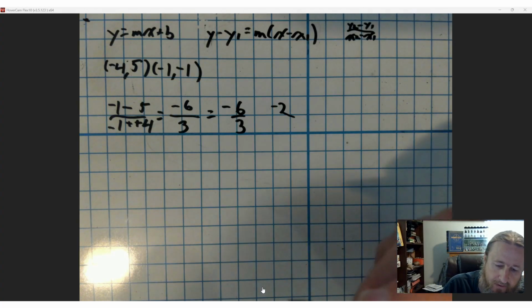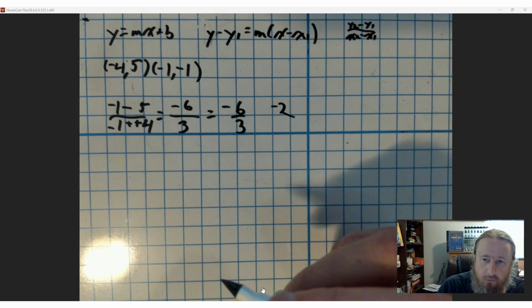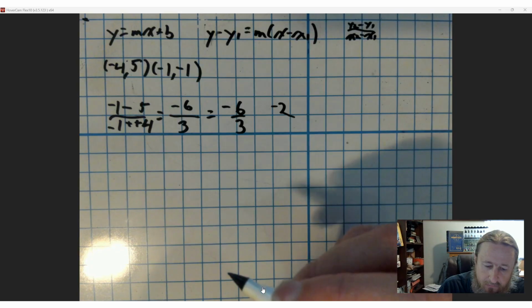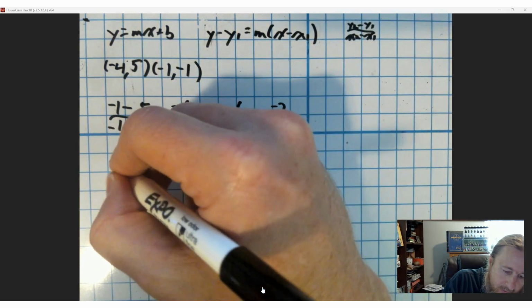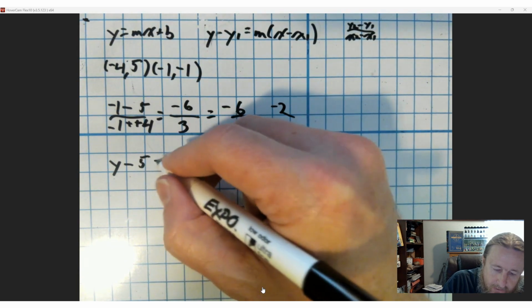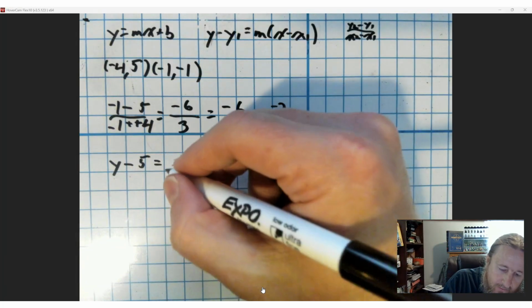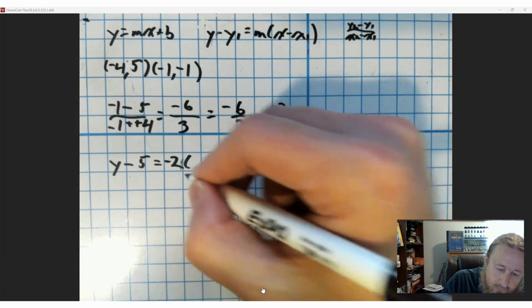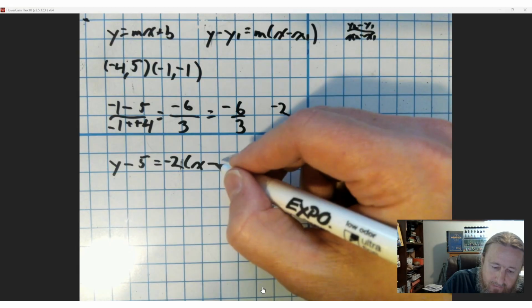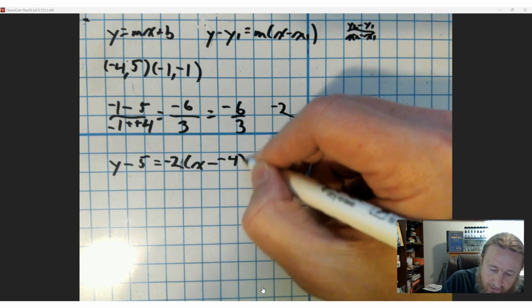Now we are going to plug it into point slope form, and it does not matter which of the 2 points we use. We may pick whichever one we like. We're going to say y minus y1, we'll go with 5, equals m, or -2, times x minus x1, which is -4 minus a -4.